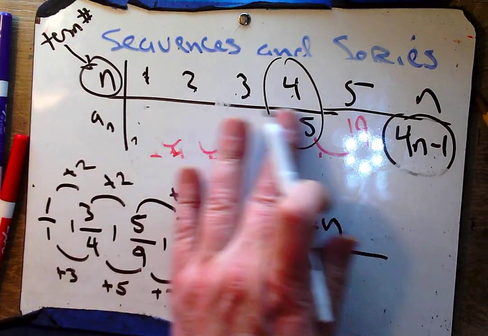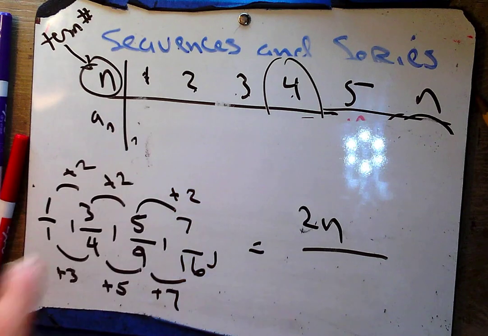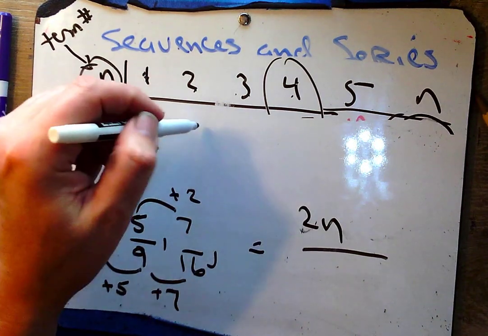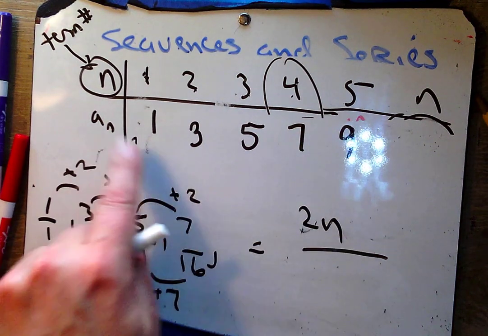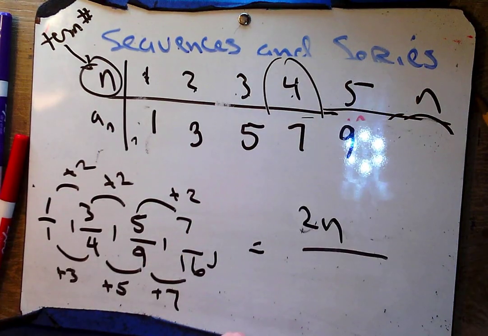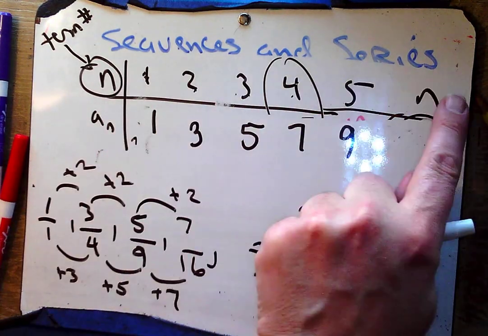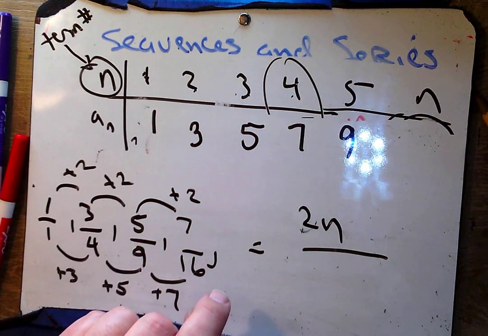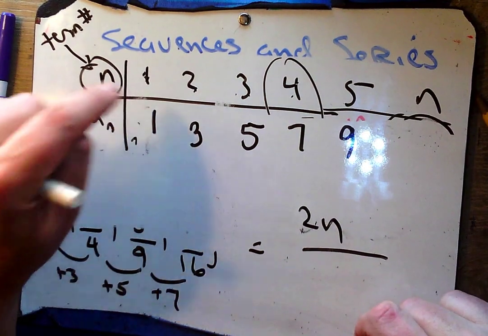And if only students would write down this, they would have such an easier time relating these numbers to the term numbers. Okay, a lot of people try and do this without this list here. It's much harder. I would definitely encourage you to create this.